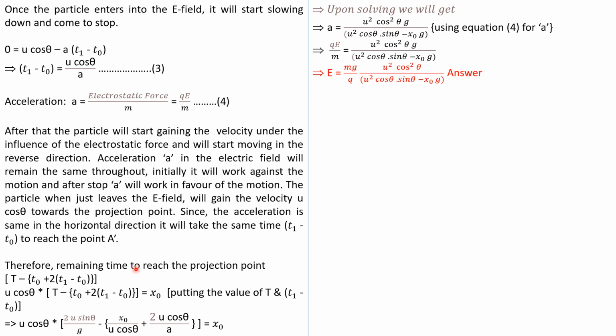So the remaining time to reach the projection point will be the total time of flight minus t naught, which is the time from the projection point to reach an x naught displacement in the horizontal direction, plus 2 into t1 minus t naught, because 2 times in the electric field the particle travels, once going, once coming.